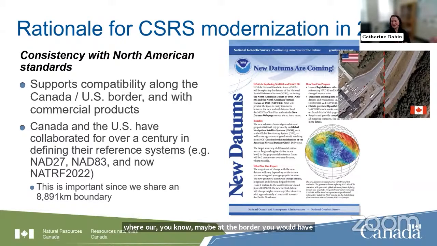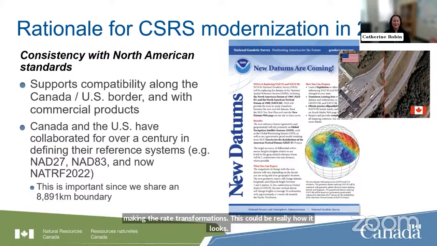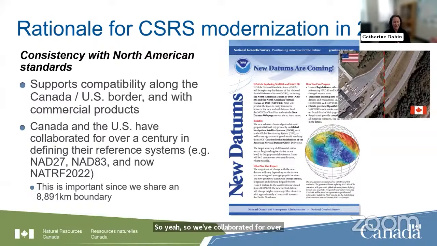It's exaggerated in the sense that in reality you would catch that. But if you're an app pulling in data from different places and you're not making the right transformations, this could be really how it looks. So we've collaborated for over a century, and we have an almost 9,000 kilometer border. And so it's important for us to be consistent with what the US is doing.